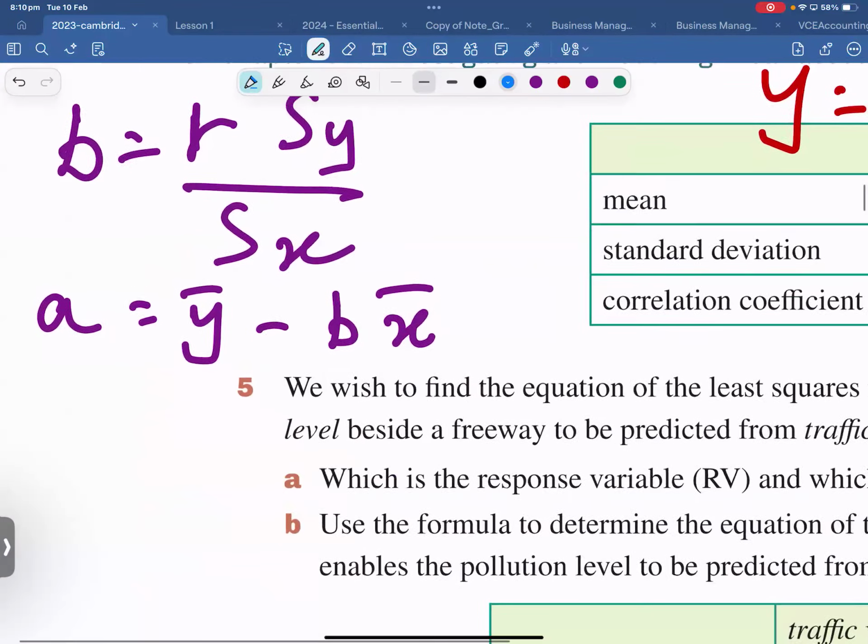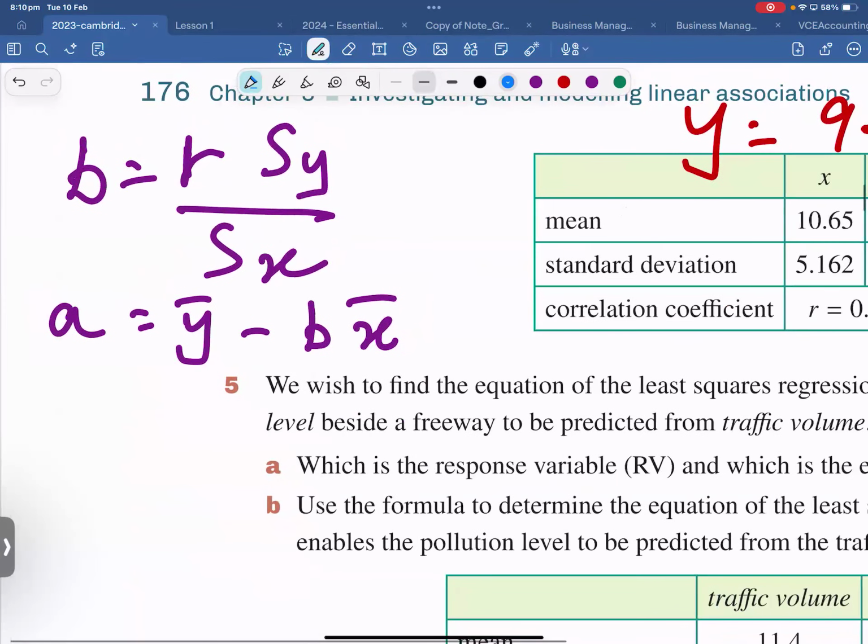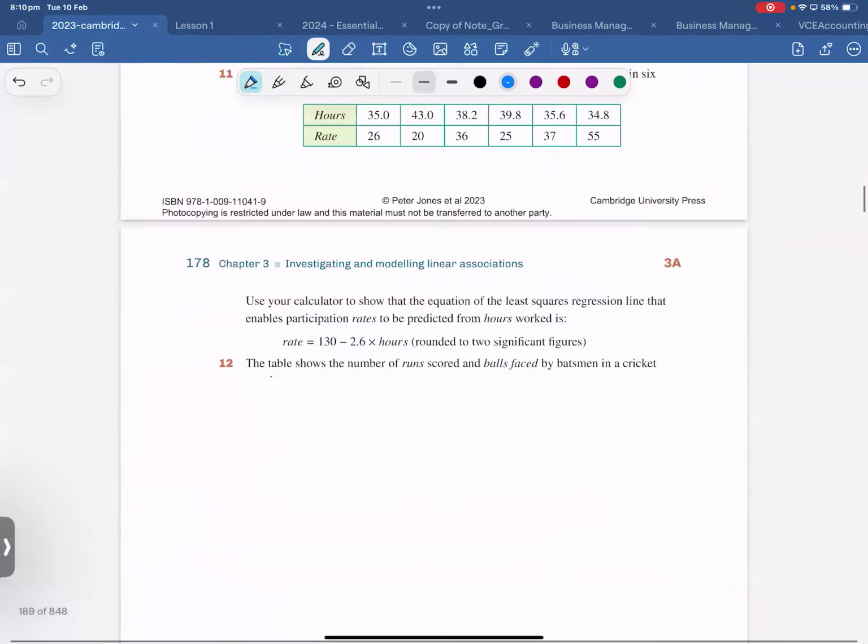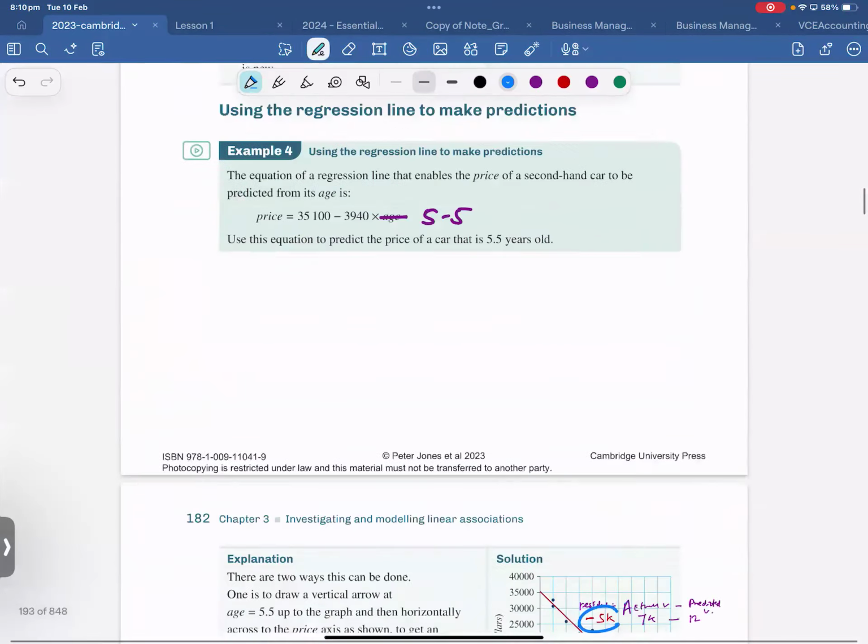This is how you find B, and similarly, you can find R as well. You can equate for R. Right. Okay, guys, shall we do question 13?